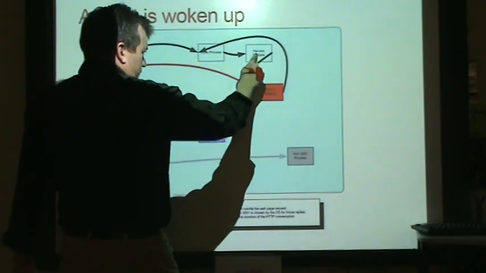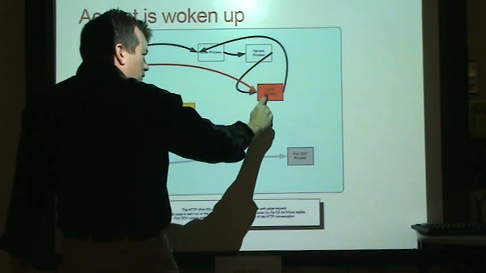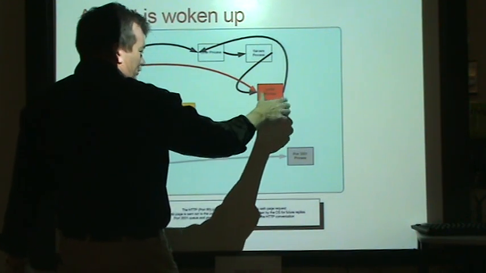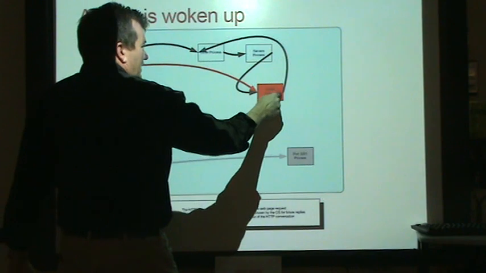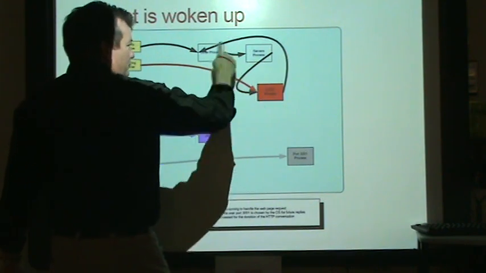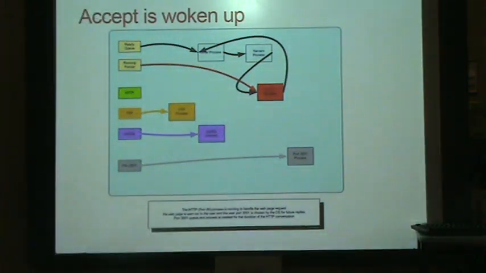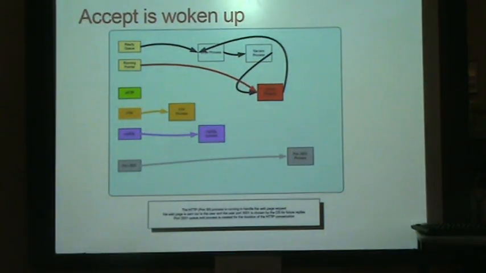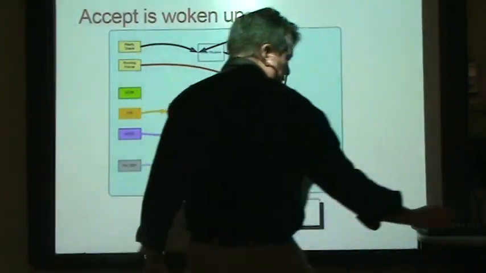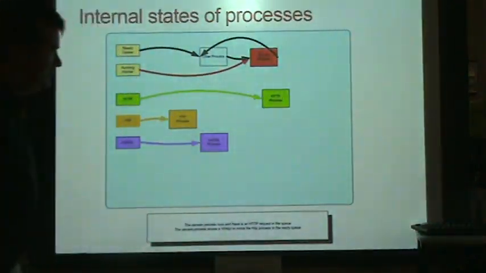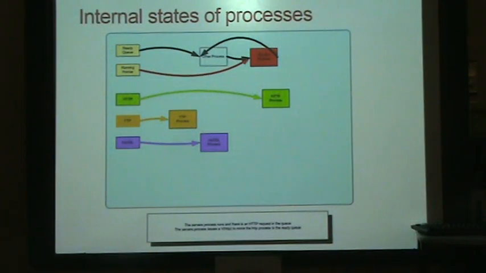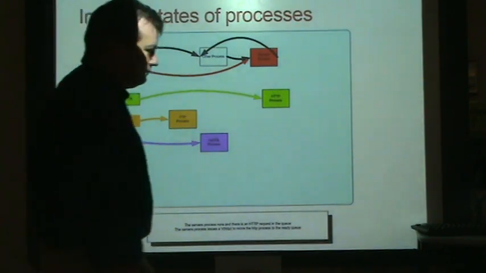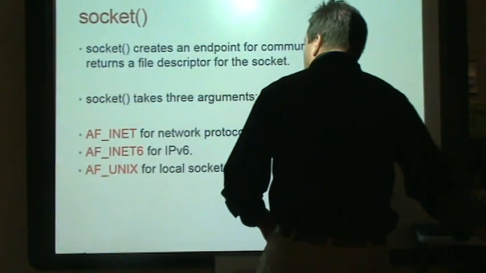This one points to this one, which points to this one. What's highlighted in red is the process that's currently running. It could take a while. These could run in a round robin manner until this finally served up the web page that came in. And then once it serves up the web page, it goes back to sleep, and it's now waiting for another web page to come in.